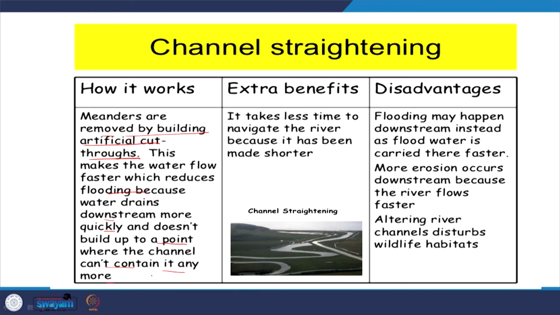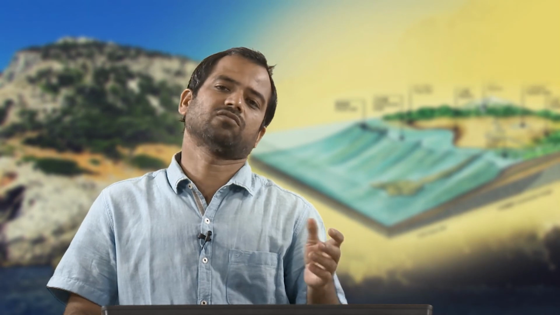An extra benefit is that it takes less time to navigate the river because it has been made shorter. Disadvantages: flooding may happen downstream, because instead of flooding, water is carried there faster. So, with artificial straightening we are moving water faster than it should move naturally, so in the downstream we are creating more floods as compared to the earlier situation. So, these are some advantages, disadvantages and how it works.